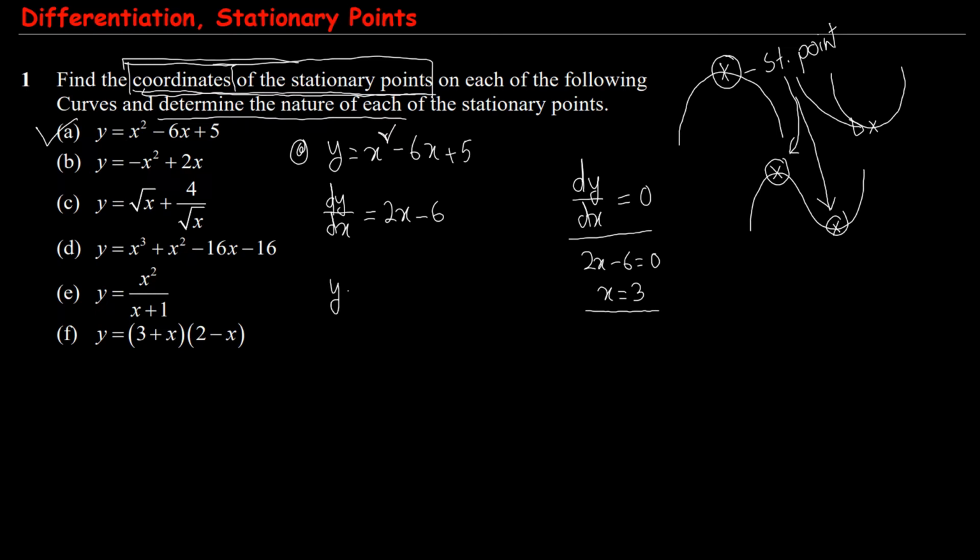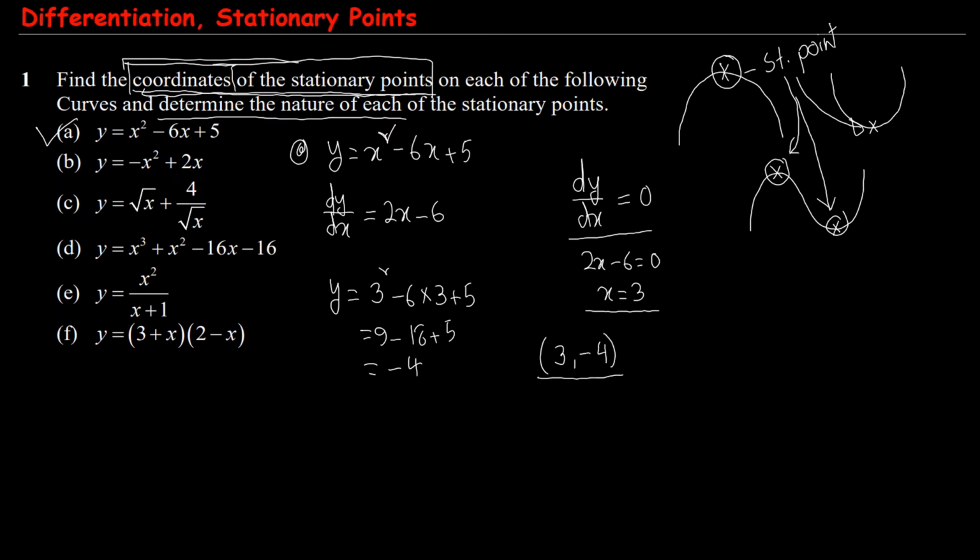So let me put the value of x here: y equals 3 squared minus 6 into 3 plus 5. So we get 9 minus 18 plus 5, which gives minus 9 plus 5, which is minus 4. So our stationary point coordinates you can write here as (3, -4). This is our stationary point.